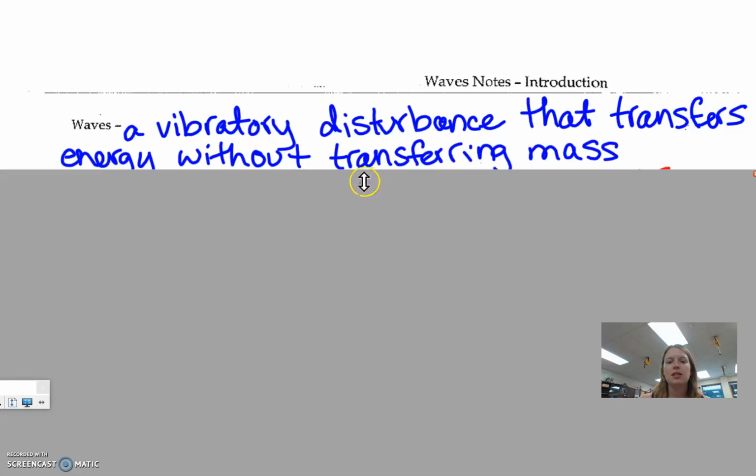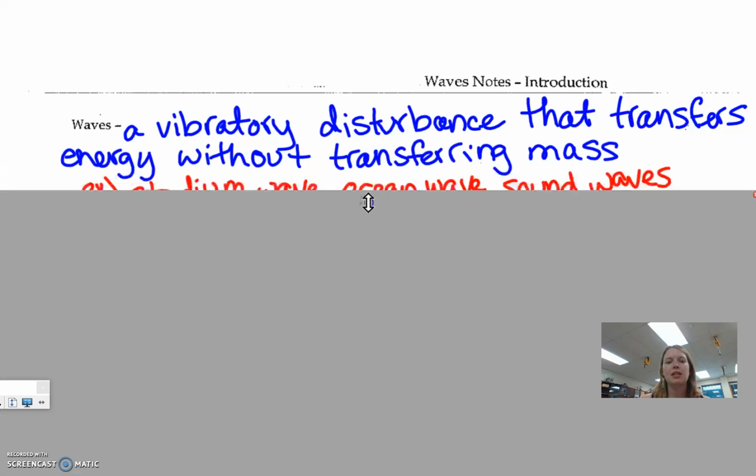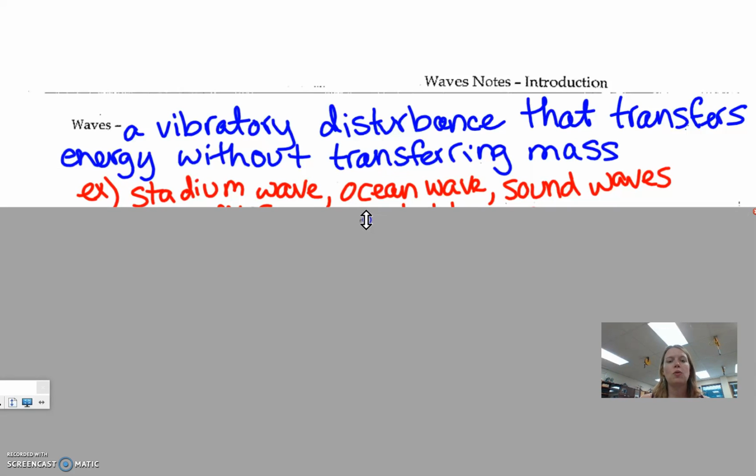This is a really nice example of a wave, showing the idea that the energy moves from molecule to molecule or person to person without the matter or the person actually moving. So energy is being transferred, but the mass is not moving. A stadium wave is one great example.